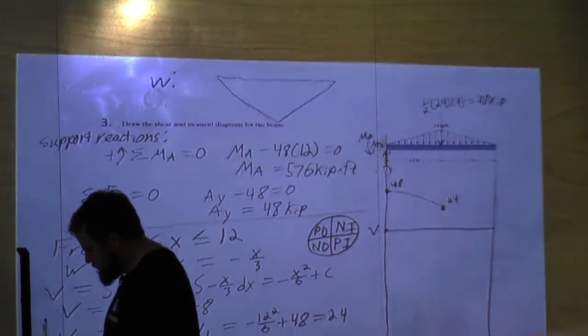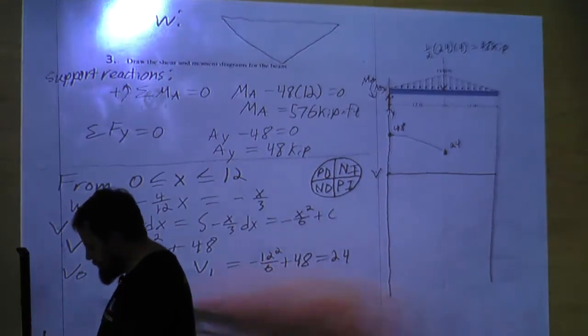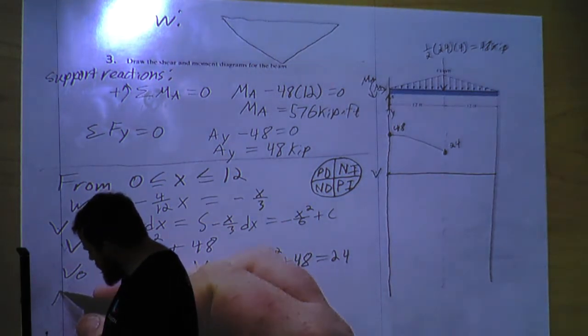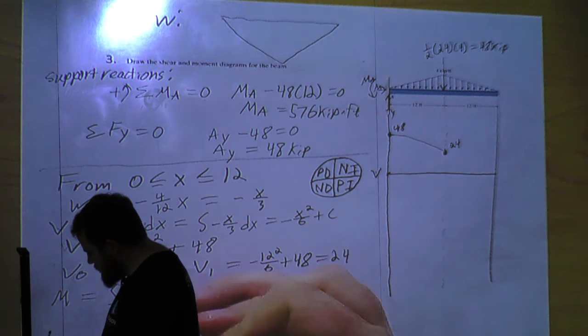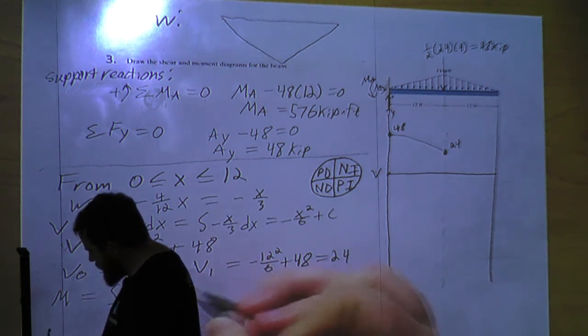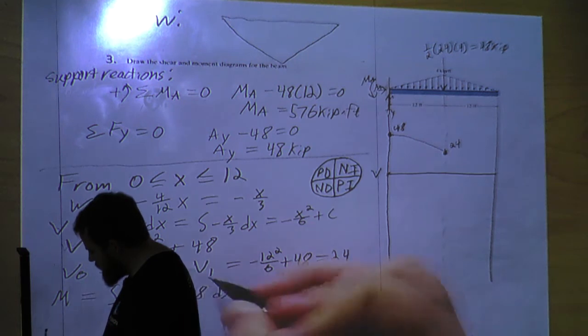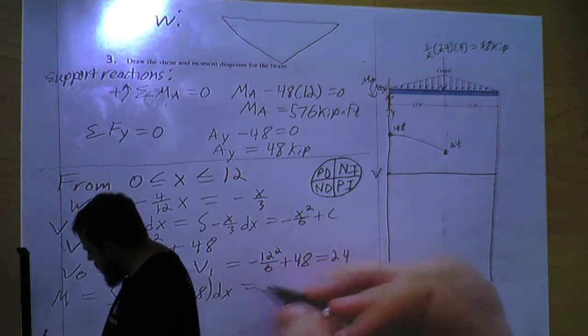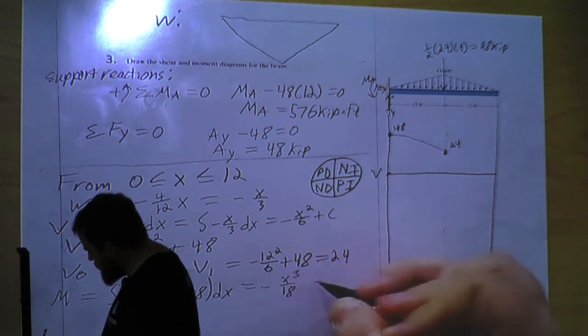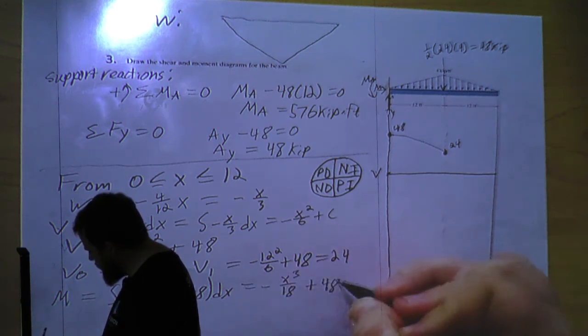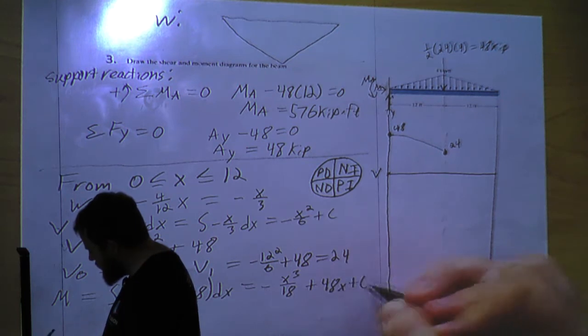So now let's do the moment for this section while we're here, since we have the shear already. That's going to be the integral of negative x squared over 6 plus 48 dx. So that's going to be negative x cubed over 18 plus 48x plus c.